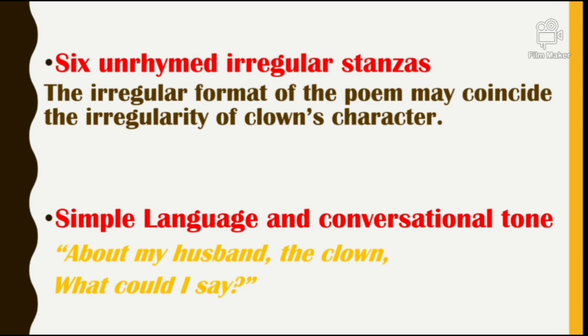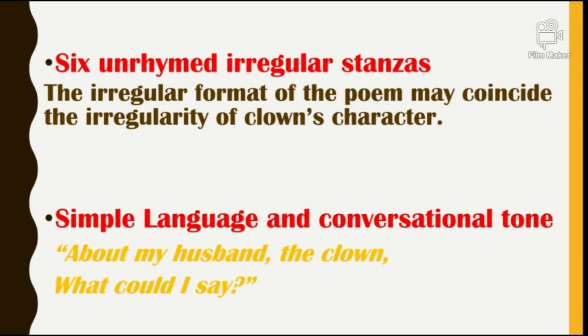That means on the stage, he is a different person. He is a happy, joyous person. And when it comes to the home, he is a mourning, weeping, and a sad person who is isolated. So, his character is irregular, not regular. So, that irregularity may be shown in the format of the poem as well.